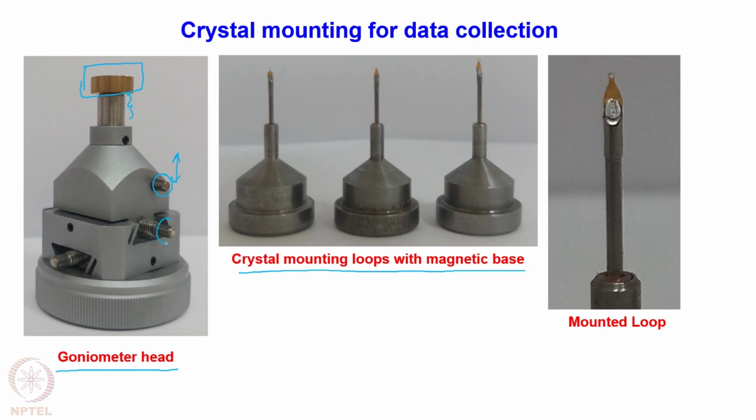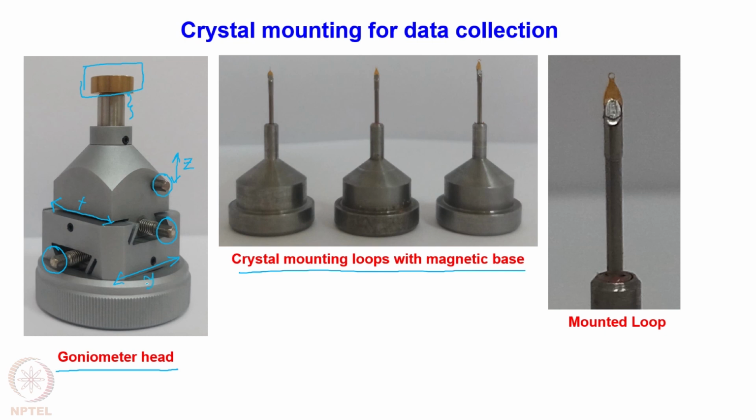Here is a screw which can be rotated to move the goniometer head along the direction of x. If this direction is z and this is x, then we have a third screw here which is used to move the crystal in another perpendicular direction, which may be y.